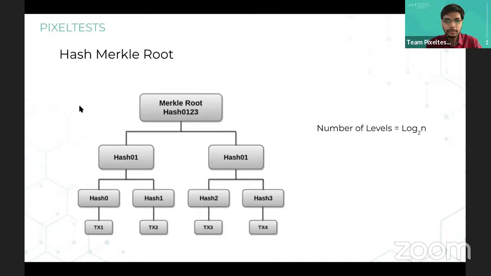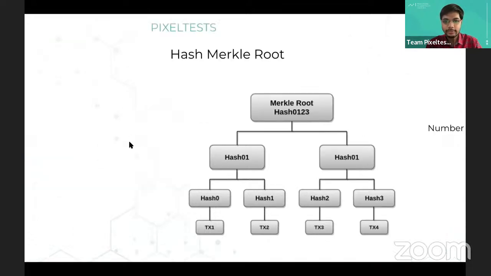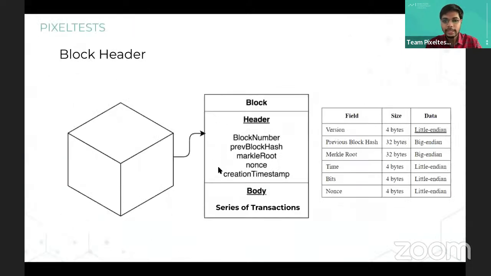Within each block, there is a block header, and then a series of transactions. In our 5 lakh block and other blocks, there were roughly 2,700 transactions, and all of them are listed in the body.